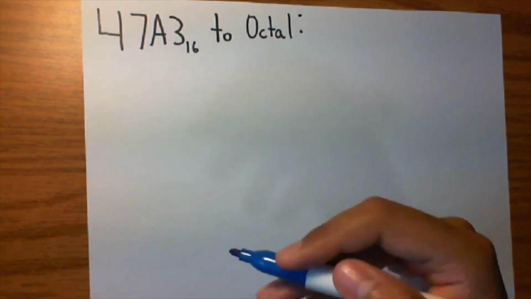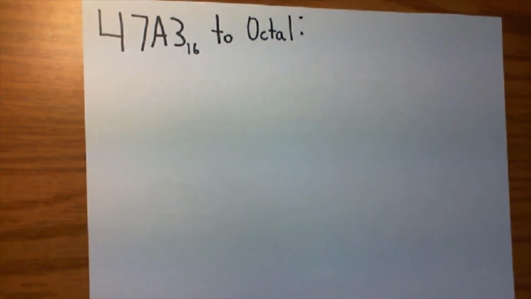Anytime you're converting from hexadecimal to octal, in my opinion, it makes more sense to convert to binary, because otherwise you have to convert base 16 to maybe decimal, then convert it back to octal, and it's easier to group it in binary.